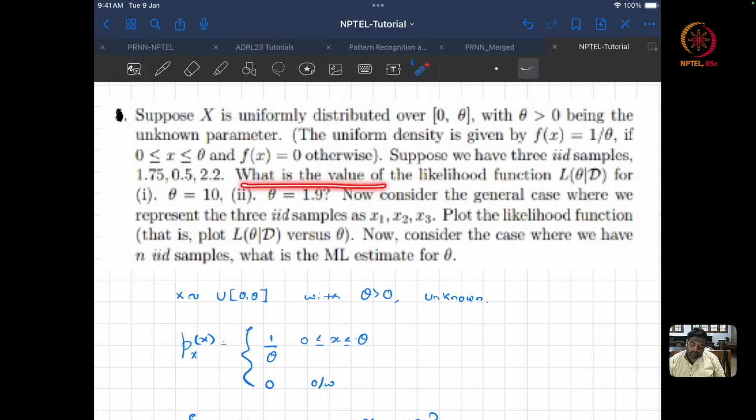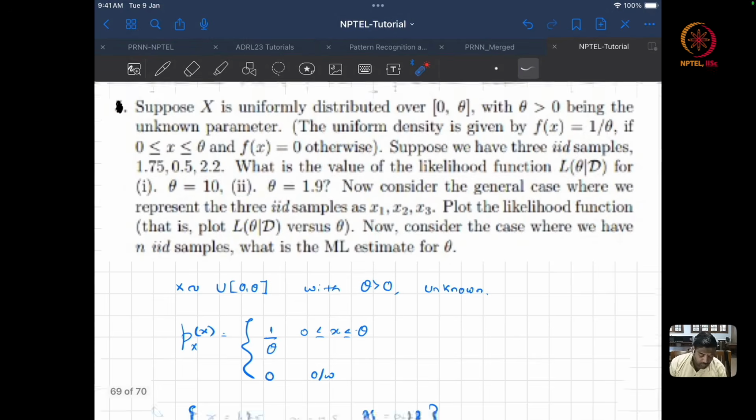Okay, now what is the value of the likelihood function L theta given D, with D as the data points? For theta equal to 10, what will be the value? For theta equal to 1.9, what will be the value? Okay, that is what we want to find.